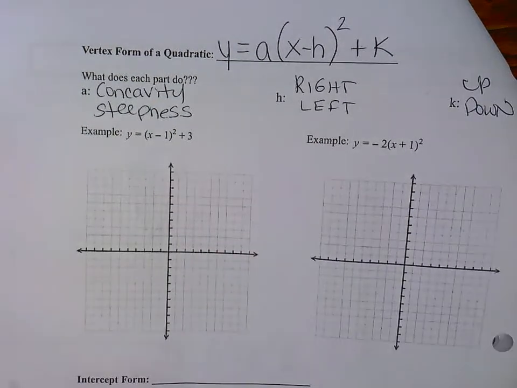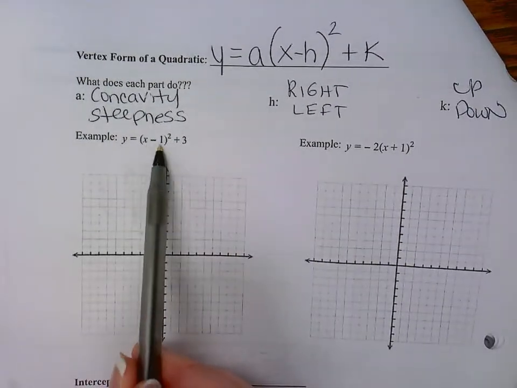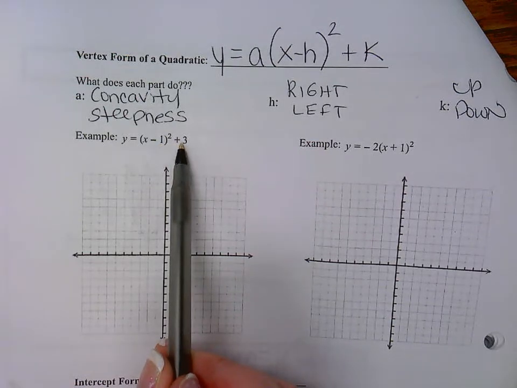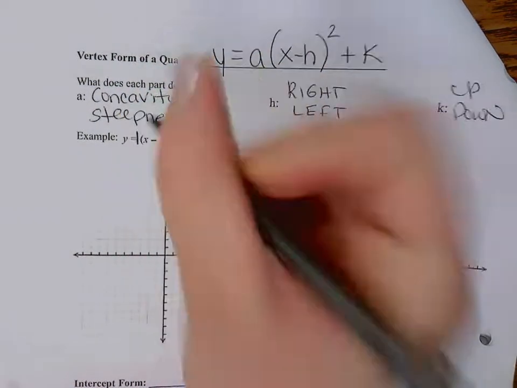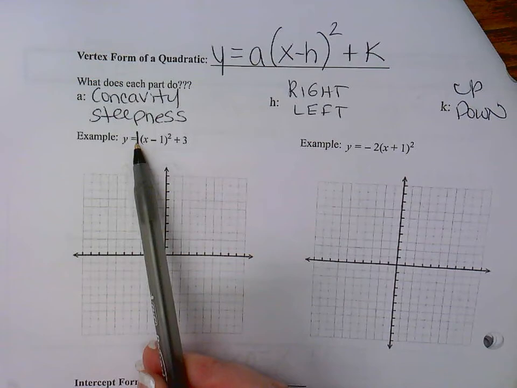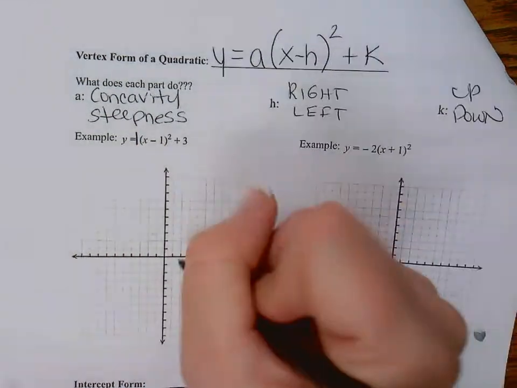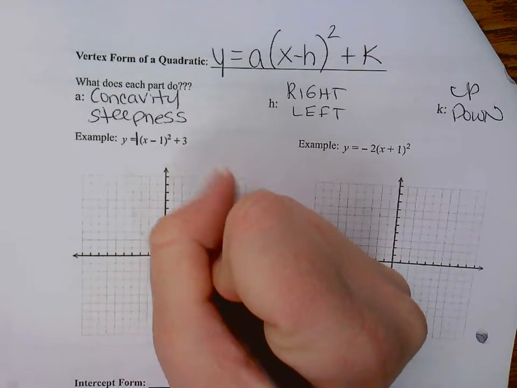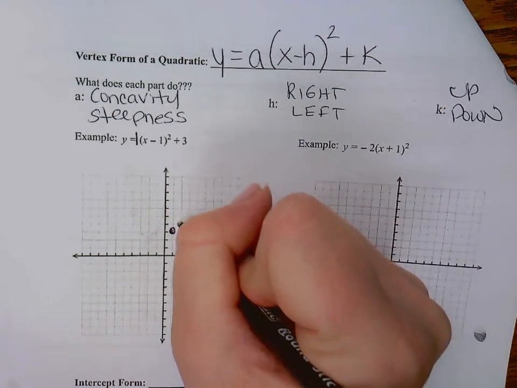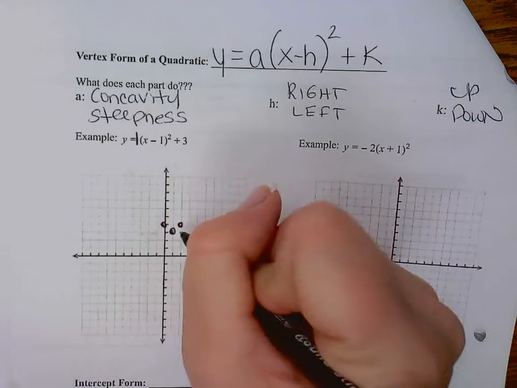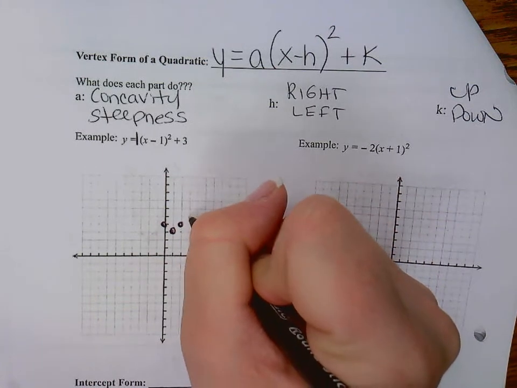So this just says to go right 1 and up 3, and it has an a value of 1, so it's just the parent function that's been shifted right 1 and up 3. So right 1 and up 3, there's your vertex, and then over 1, up 1, and over 2, up 4 from that vertex.